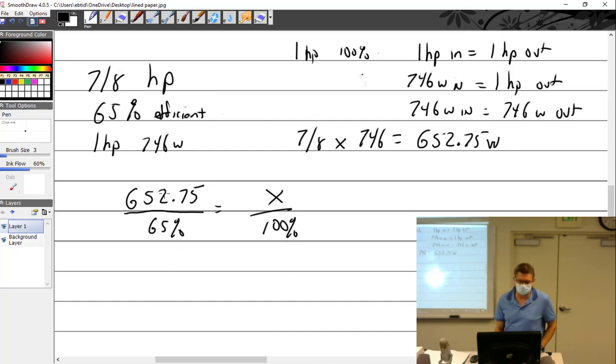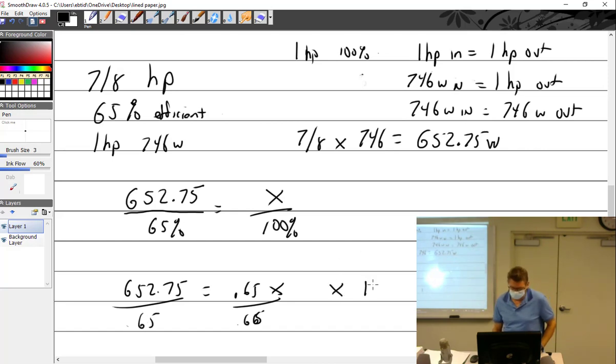So 652.75 equals 0.65x. Divide both sides by 0.65, and you're going to end up with x equals 1004.2.